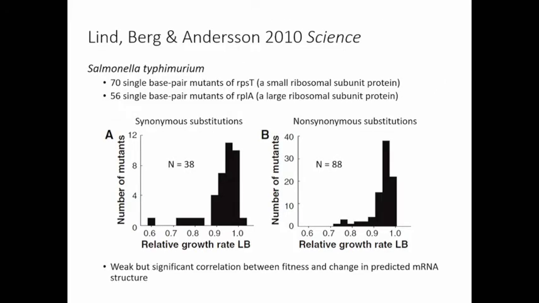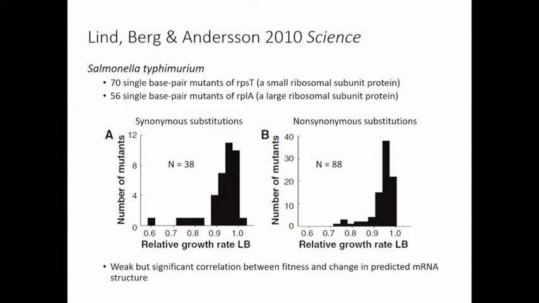One really nice experiment from 2010 in Science showed this. This is the data from that experiment. They were looking at Salmonella. They did directed mutagenesis in two different genes. One was rpsT, which is a small ribosomal subunit protein, and the other a large ribosomal subunit protein.